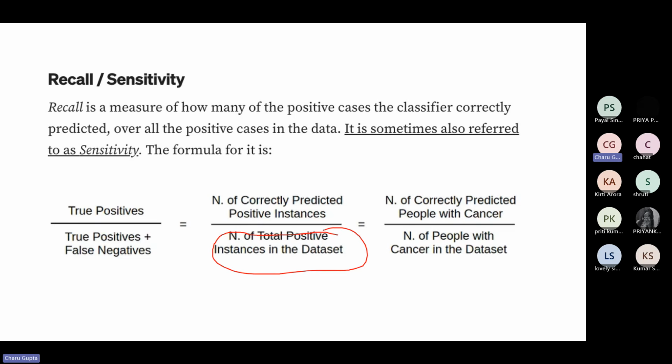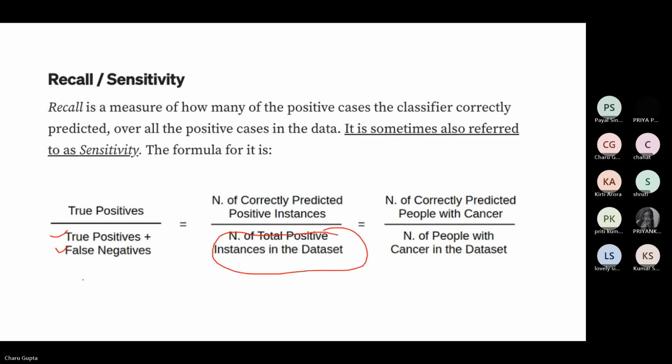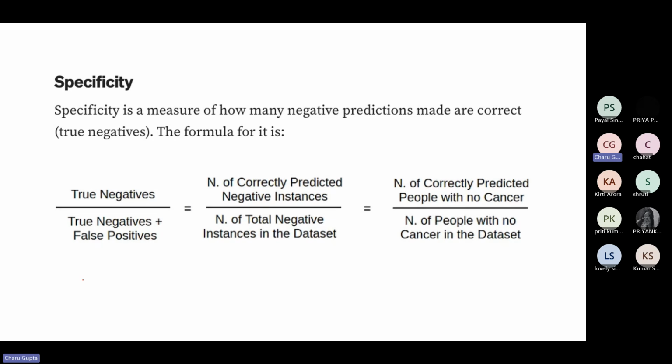Total positives of the data set, जिसमें से कुछ जो accurately detect हुए हैं और जो detect नहीं हुए हैं, that will be in denominator. Recall के बाद आपका एक और फॉर्मूला आता है specificity, which talks about true negatives.